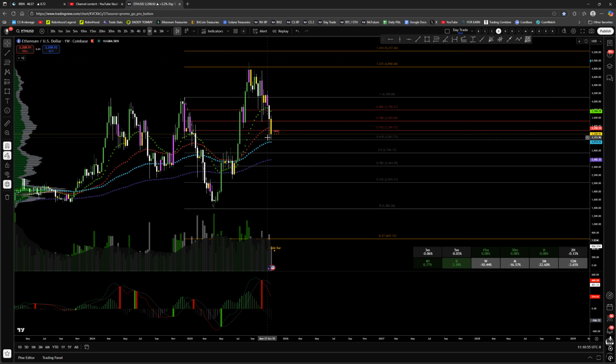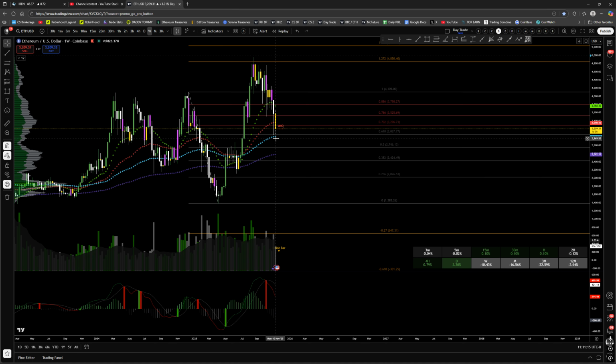If we reject this and we get a bounce upwards, we're looking at the levels above. If we break 0.618 and we close below it, then we can expect to see 2750 on Ethereum. Why I don't think that's going to happen, at least on Ethereum, is we have the rejection off the 0.618, and our 100-week moving average is right at that 0.618 level.